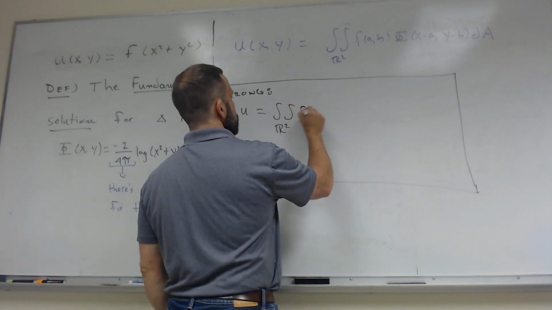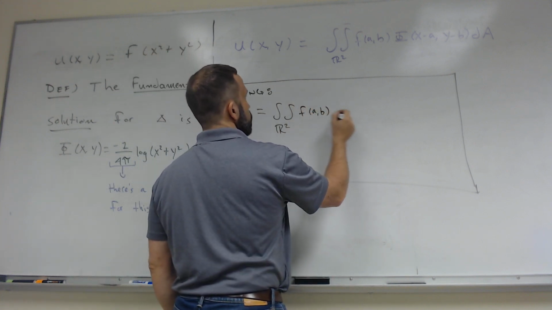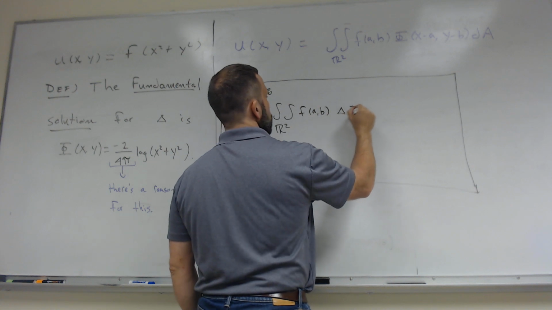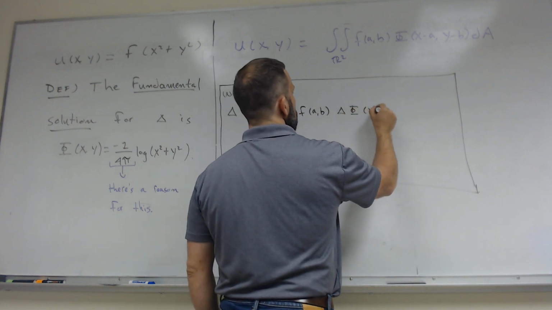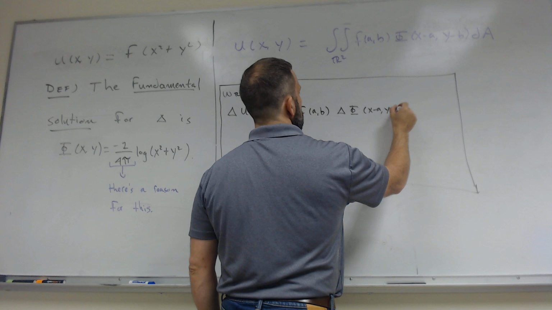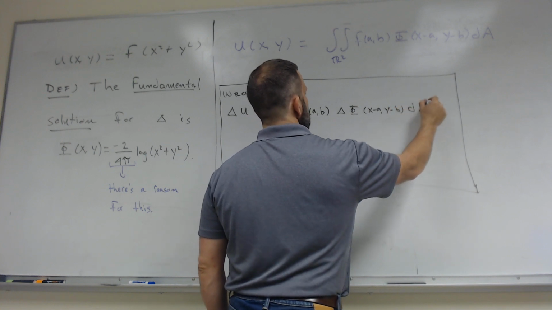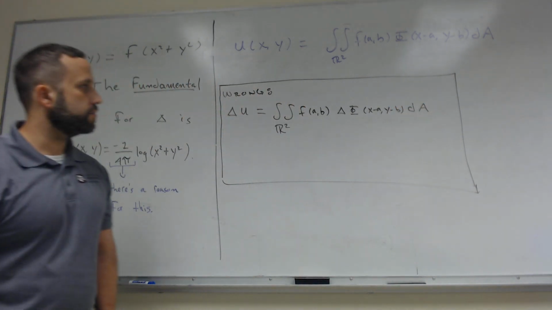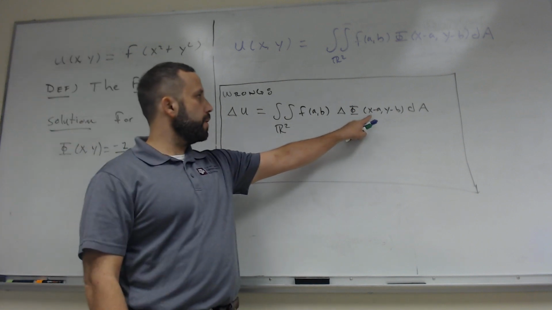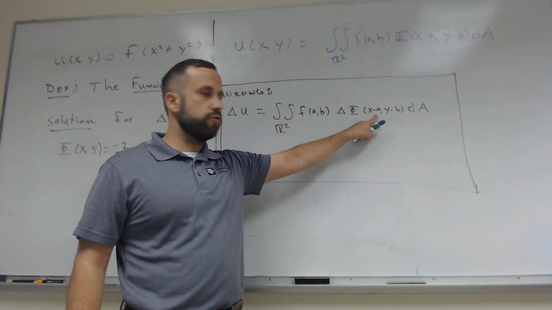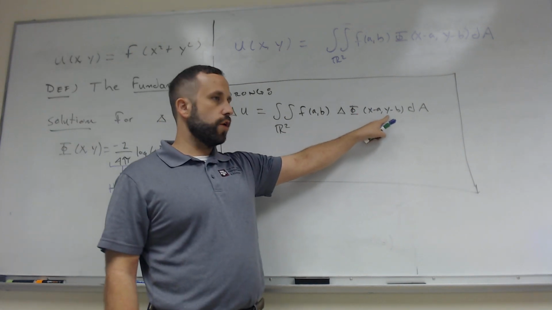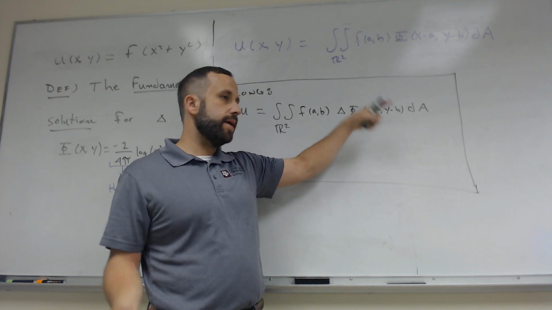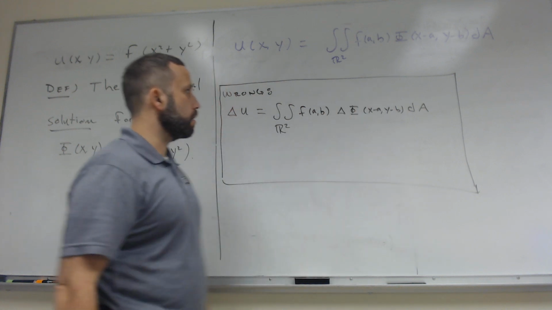So we would want to write this as the integral of f of a, b times the Laplacian of phi of x minus a, y minus b dA. Technically we'd have to do the chain rule here, but notice the derivative of x minus a with respect to x is 1, and the derivative of y minus b with respect to y is 1, so this is okay here.